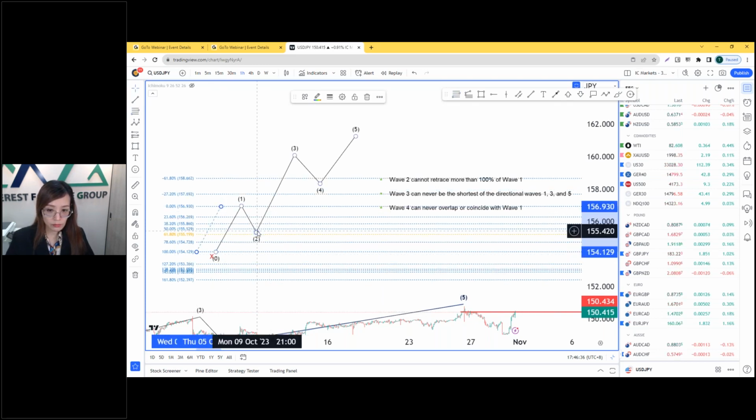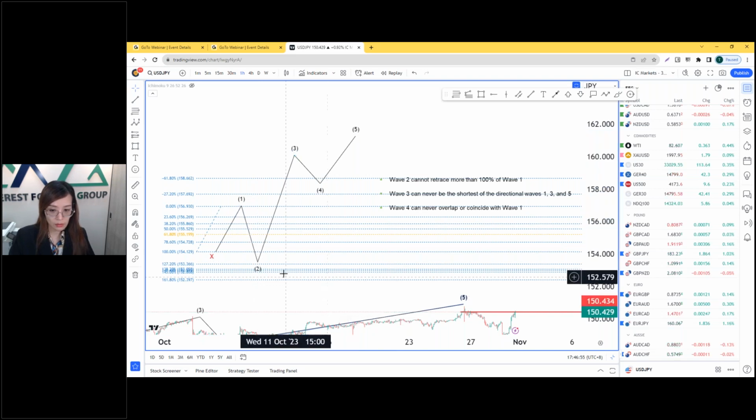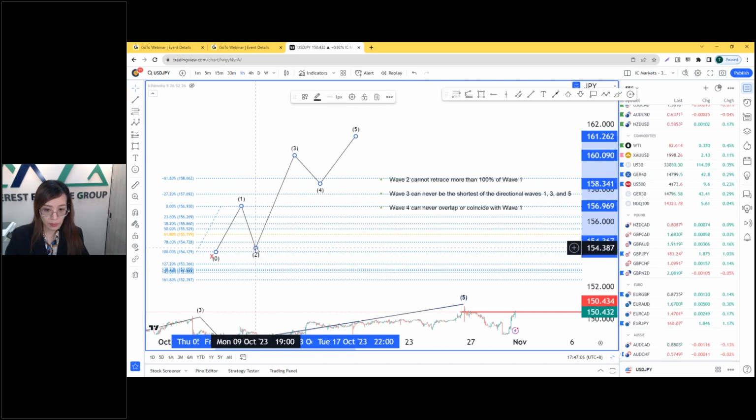Wave 2 can retrace 38%, 50, 61, 78, or 88.6%, but cannot retrace or go below 100%. You cannot go below here. If it goes below like this, it's not Elliott wave anymore. So it can retrace anywhere between here, but cannot go beyond the X number or 100%, which is the starting point. These are rules you need to remember.